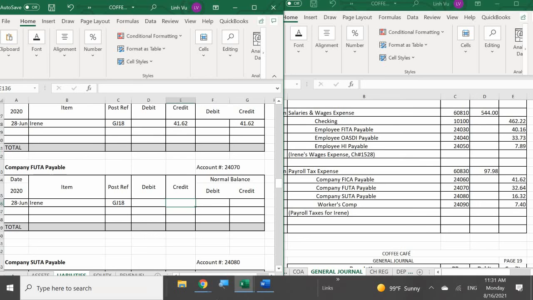Company FUTA, what was the amount that we calculated? The company FUTA is $32.64.